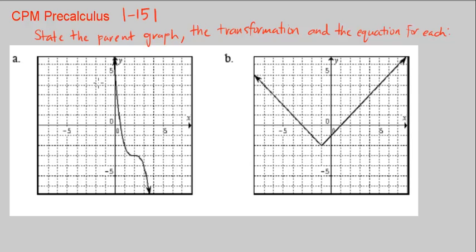Okay, so parent graphs, we have to remember way back, if we forgot. We've been introduced to 6 so far, back at the beginning of Chapter 1, looking at even problem 13 in Chapter 1.